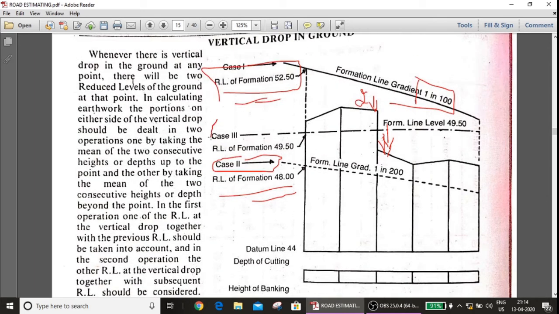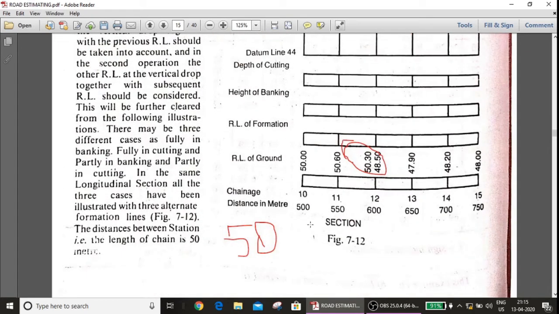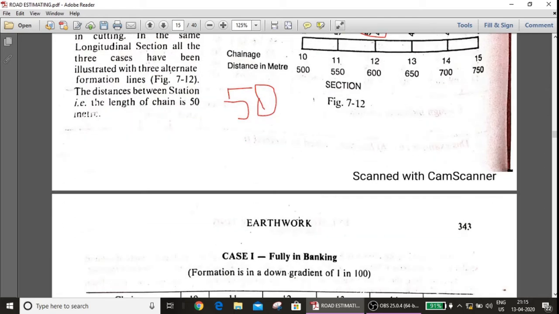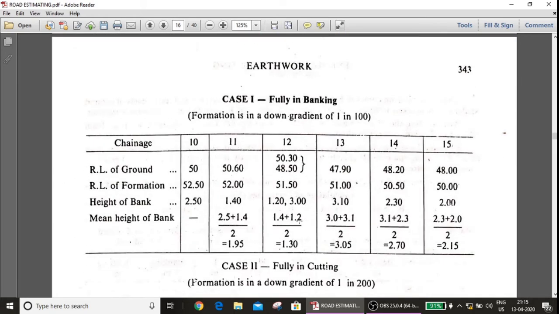And case 3, the RL is given at 49.50, where we can experience both banking and cutting. So we will solve this problem and understand the consequences.